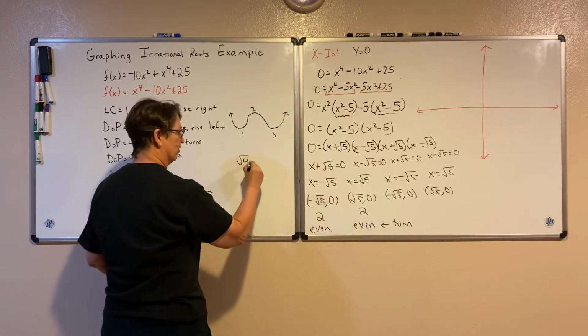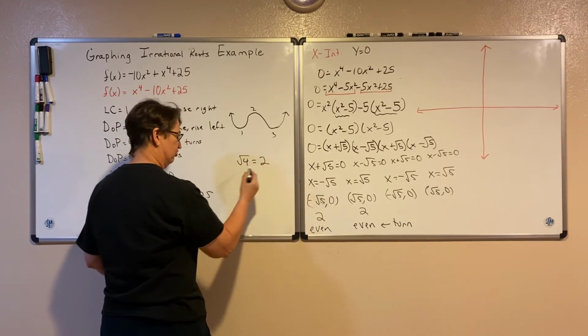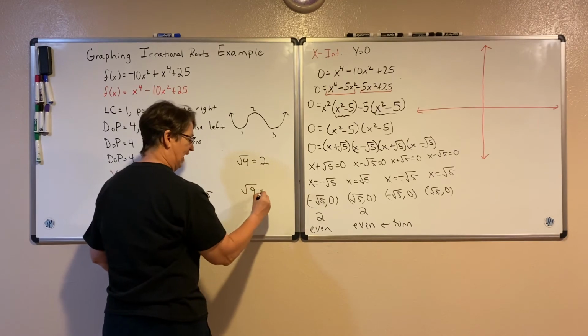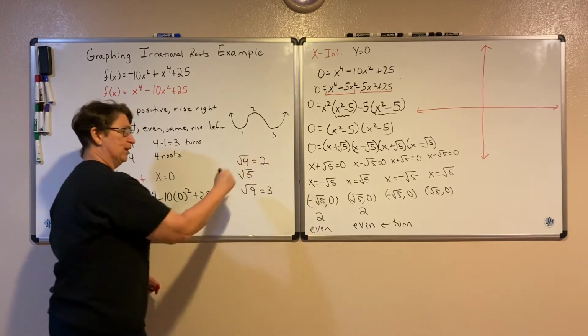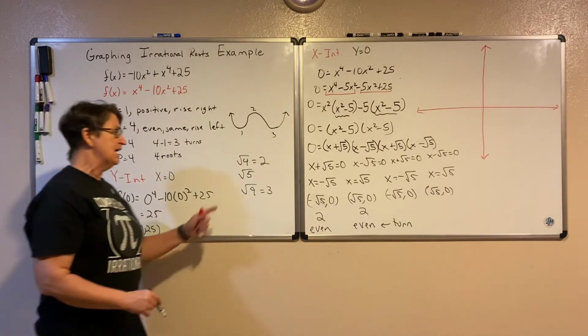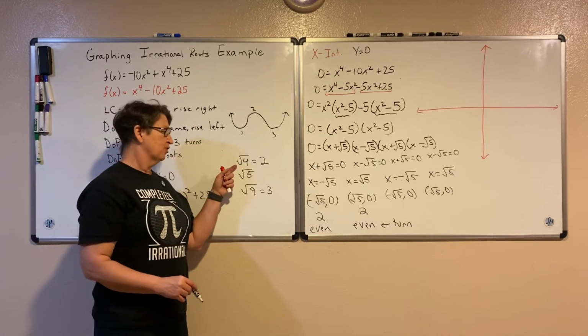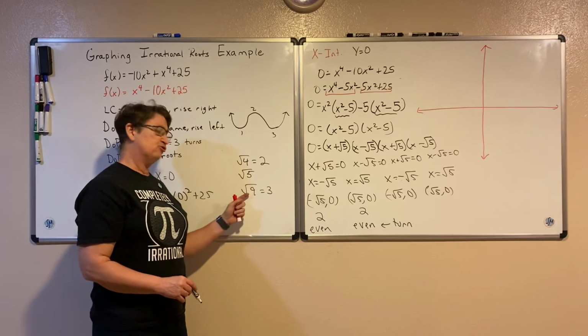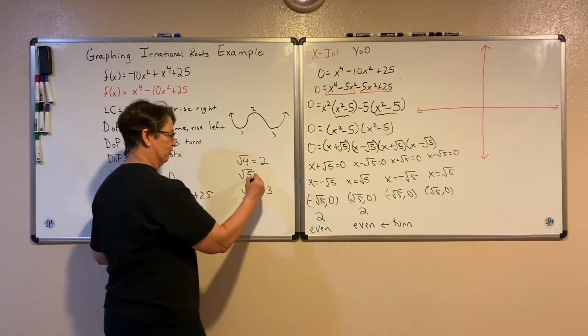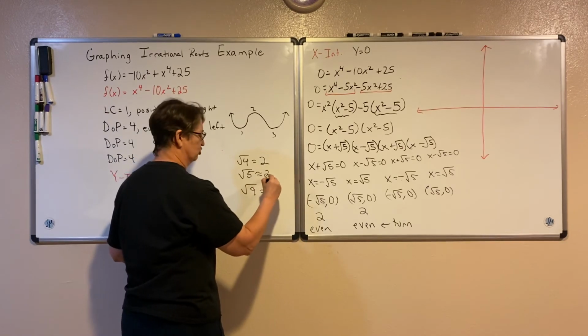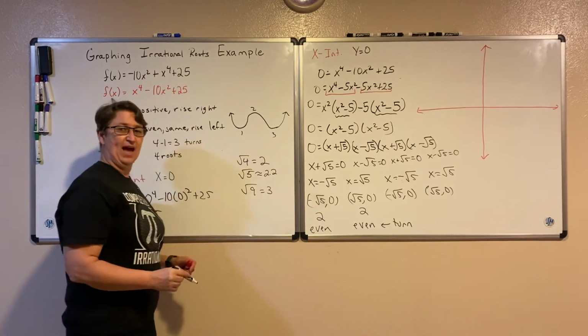We know that the square root of 4 is 2, and we know the square root of 9 is 3. This square root of 5 is somewhere in between 2 and 3. It's closer to the square root of 4 than it is to the square root of 9. So it's going to be closer to 2 than it is to 3. Approximately 2.2, something like that.